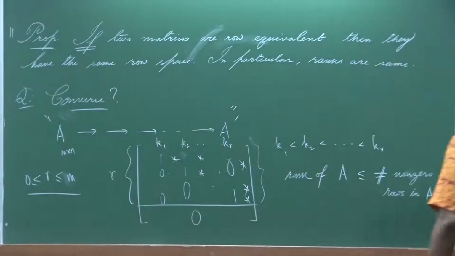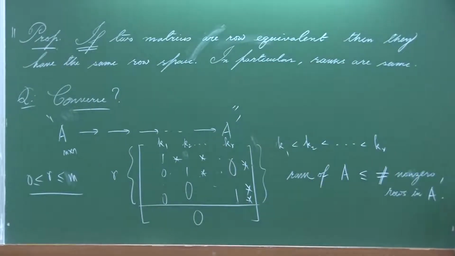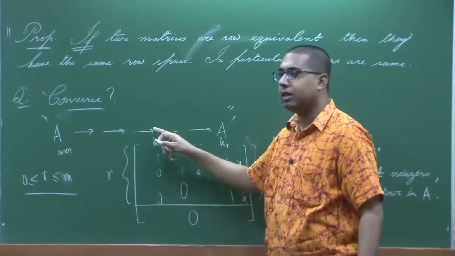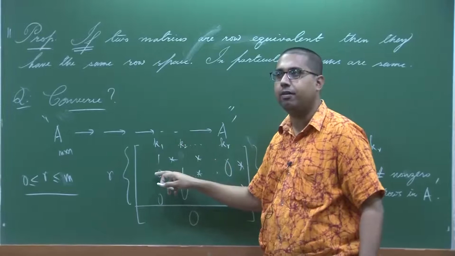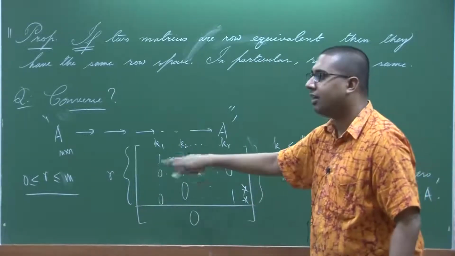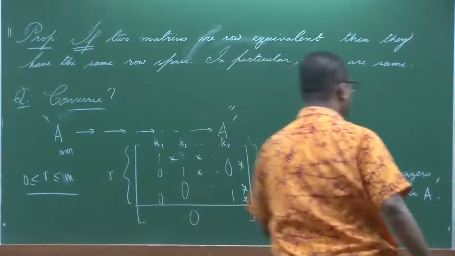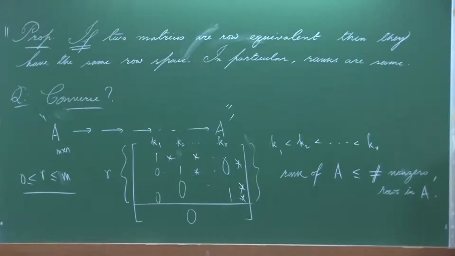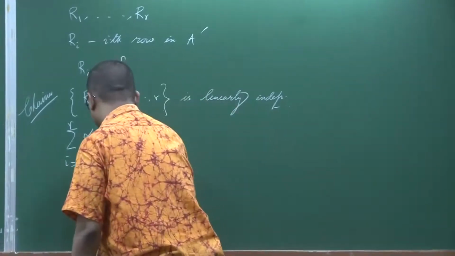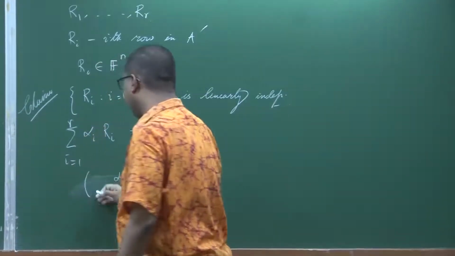In alpha 1 R1, the first non-zero coordinate will be the k1 coordinate, and it will be alpha 1. And the k1 coordinate of any other Rj is 0. So in this tuple the k1th coordinate is nothing but alpha 1.